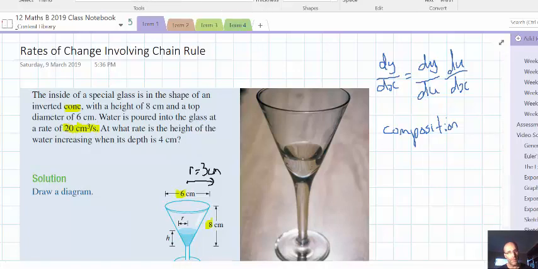Now we can write that as a related rate. If V is volume, we've got dV/dt, so dV/dt is 20 centimeters cubed per second. At what rate is the height of the water increasing when the depth is 4?